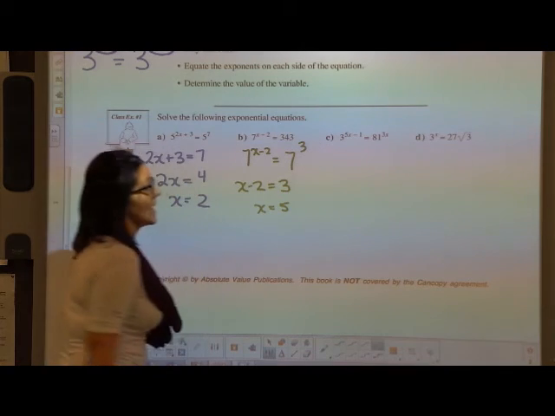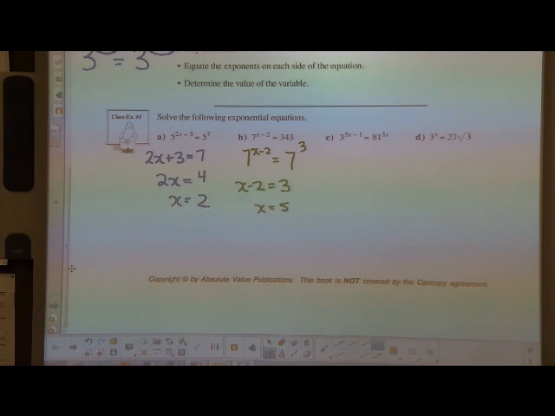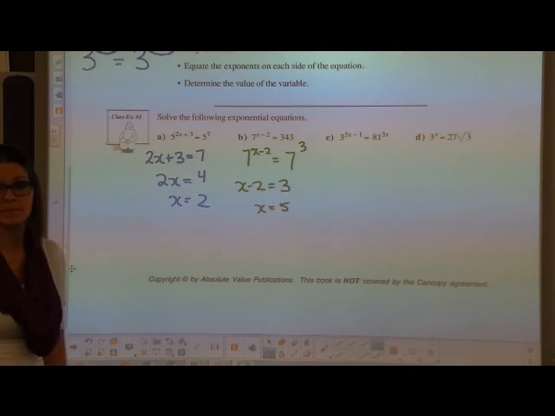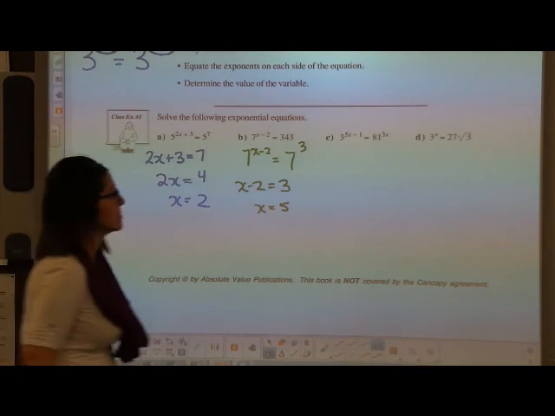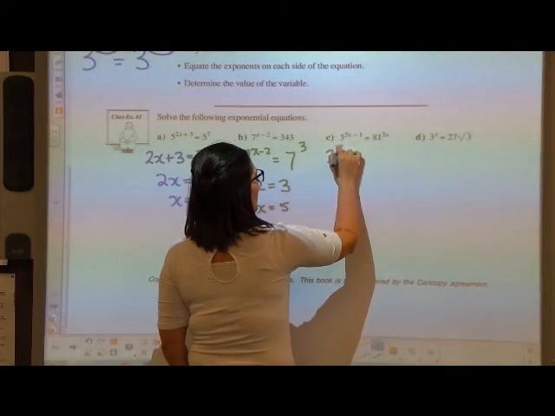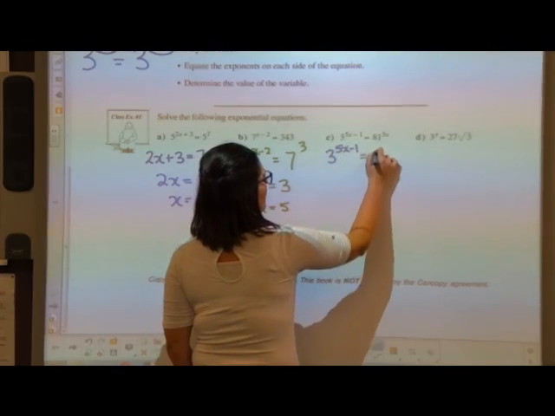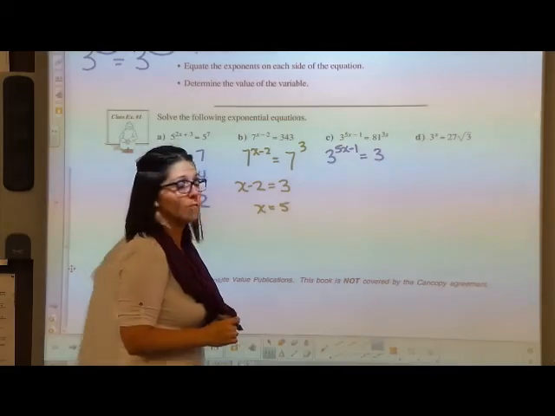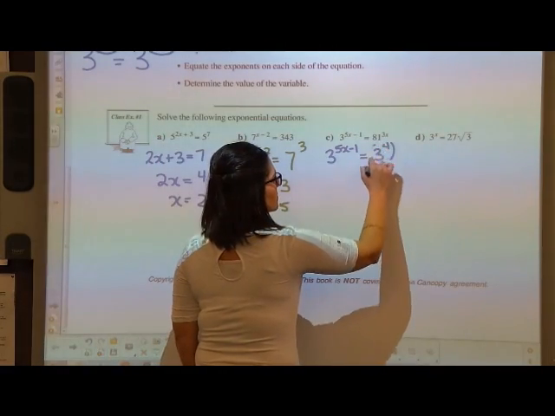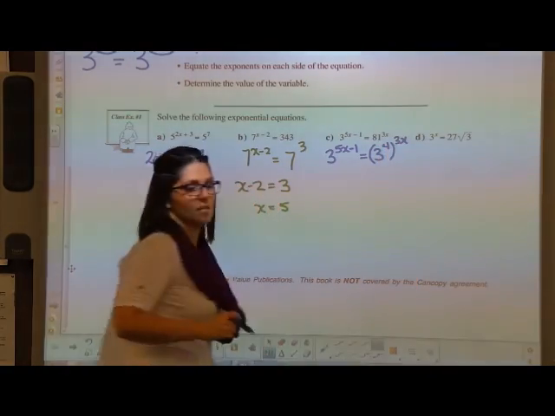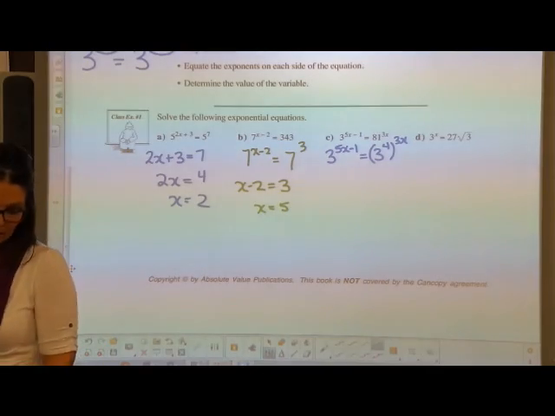So if we look at C now, 3 to the power of 5x minus 1 equals 81 to the power of 3x. What is my common base? Okay. And 81 becomes 3 to the power of what? 4. And then that's raised to the power of 3x.